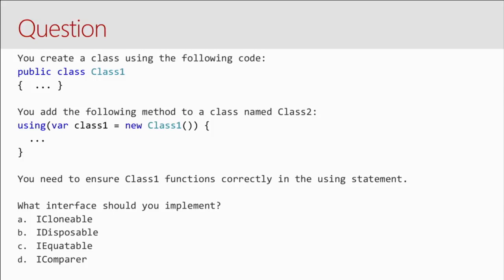What interface should we implement? Which one, B? Yeah. This one's wrong. It says A, IClonable.